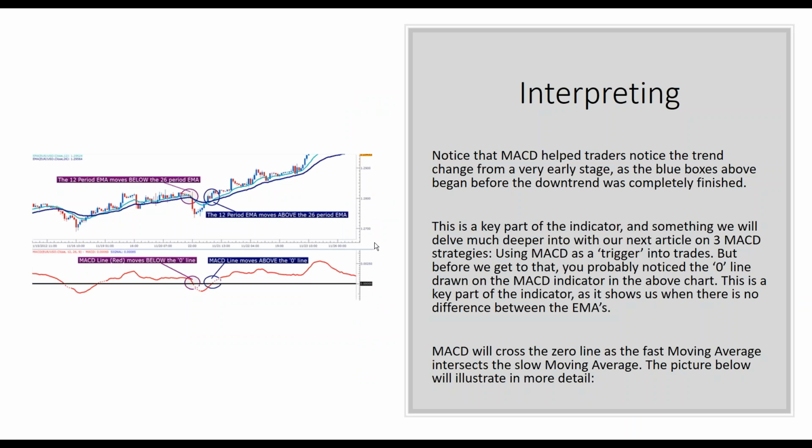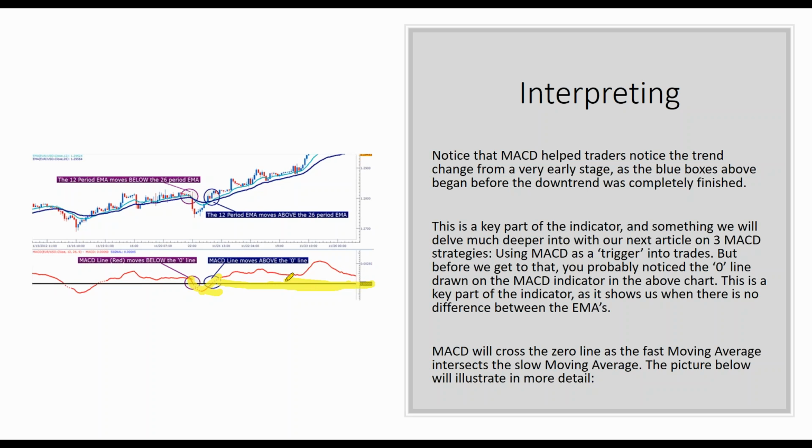Notice that MACD helped traders notice the trend change from the very early stages, because what we got here was the MACD line moves below the 0, and then it moves above the 0 line. The 0 line is this line that's plotted on the chart, because when you put the MACD on the chart, it's going to give you the variations.